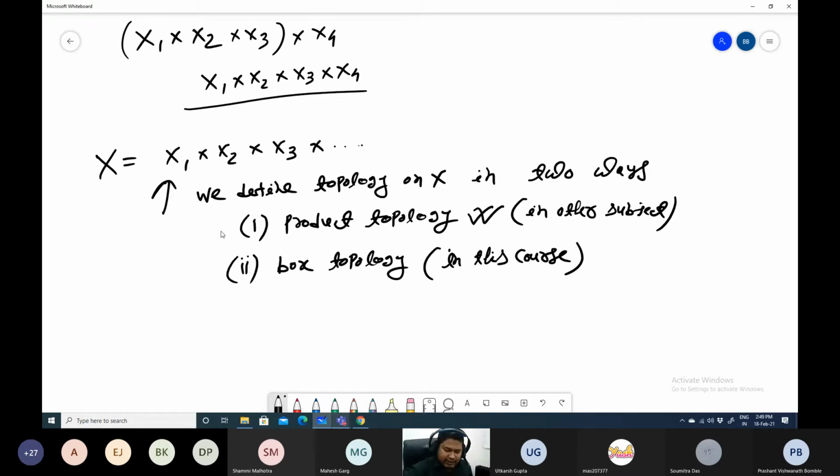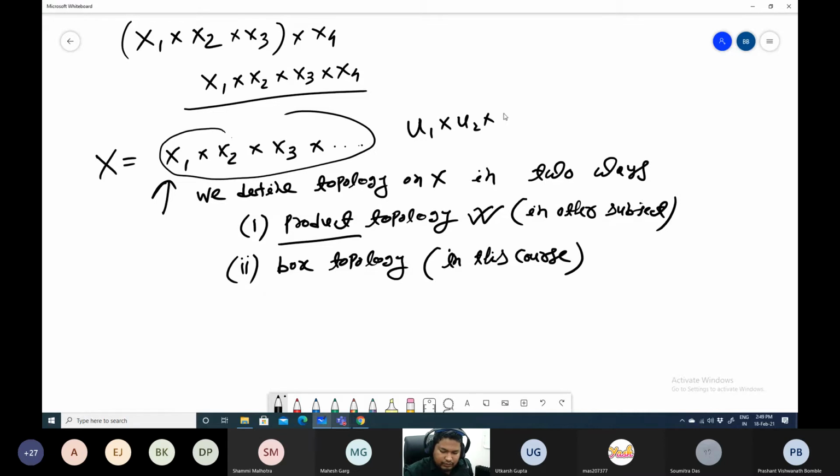Now what is product topology actually? So I can explain to you. Any basis element will be of this form: u1 cross u2 up to some finite number, and then all the other factors will be the whole X. In this way you define the product topology. And box topology means you can take any arbitrary open sets and you can take their product.